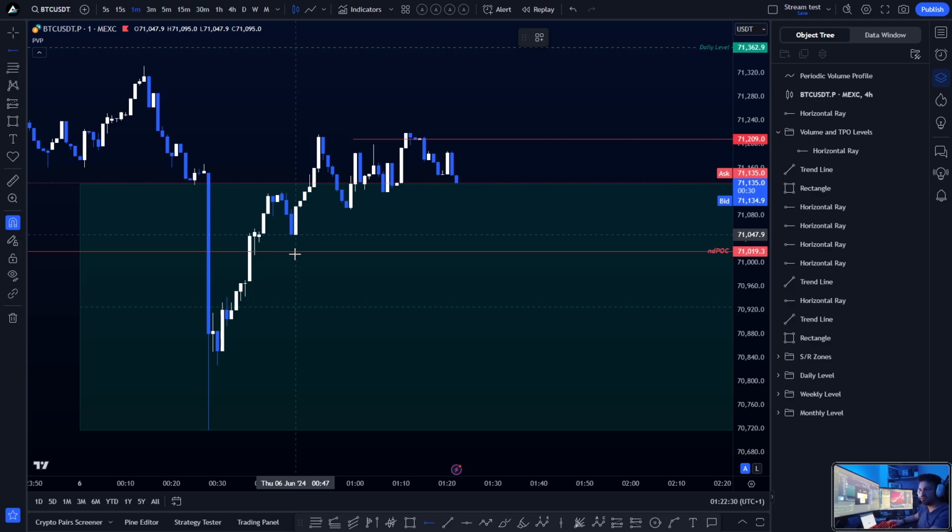React to either this gap or somewhere close to it, and maybe do our reversal model. 1, 2, 3. Okay, this would be interesting because we could try to target that stacked imbalance over there, because again, stacked imbalances are generally a magnet for price. So this could be an interesting scenario.